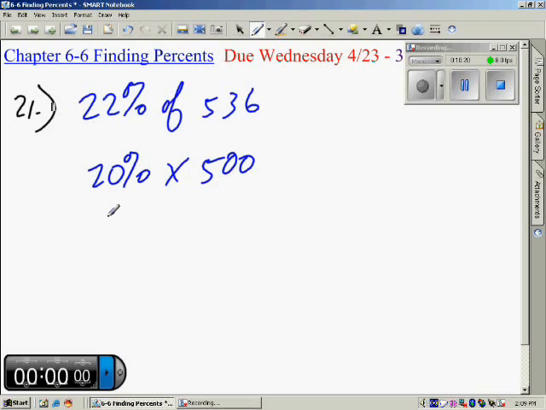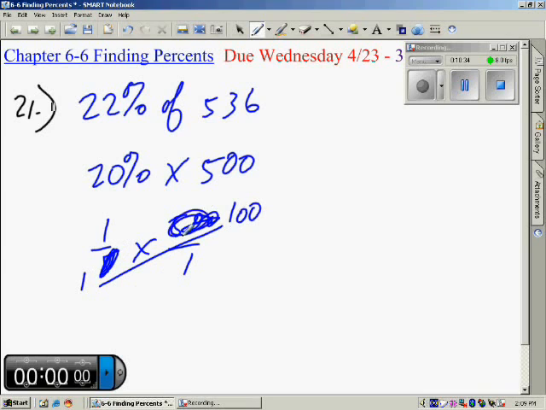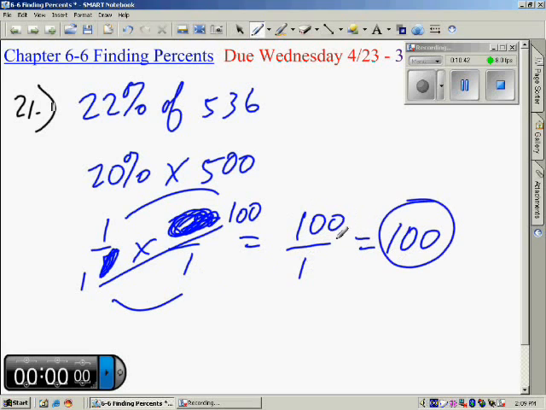If you look on the chart for 20%, that's 1 over 5 of 500 over 1. Simplify before you multiply. 5 divided by 5 is 1, and 500 divided by 5 is 100. Draw your arcs. 1 times 100 is 100, and 1 times 1 is 1. Your answer is 100.